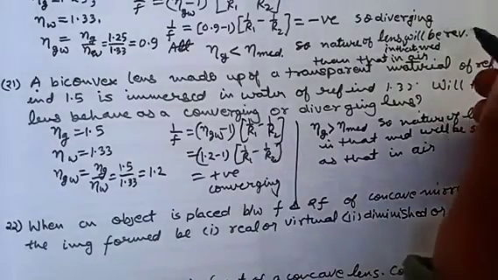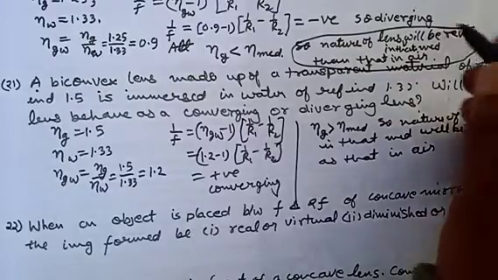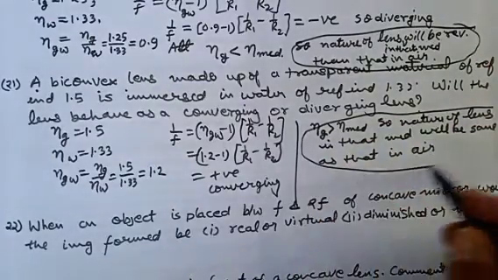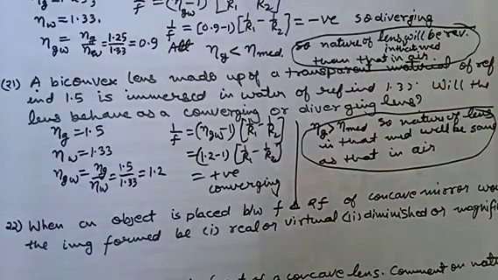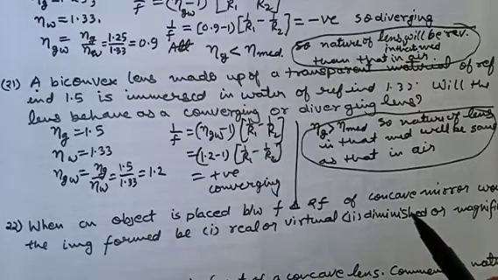So I think these lines are helpful for both kinds of lenses, whether they are converging or diverging earlier in air. If a lens is placed in a medium which has greater refractive index than the lens, then its nature will be changed.